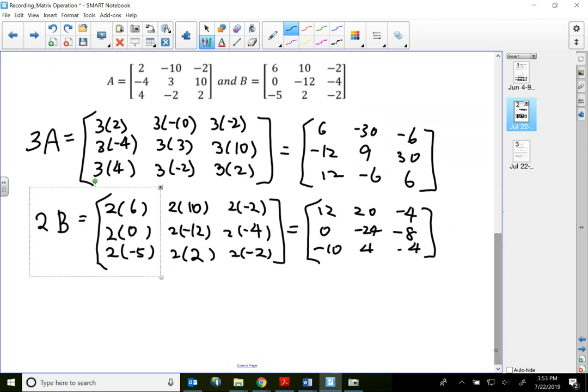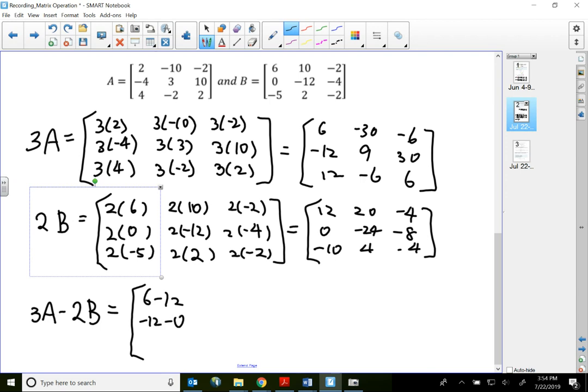So now I'm going to take my 3A minus my 2B. So 3A minus 2B. Okay, that'd be 6 minus 12. You can do it by the row, by the column. It doesn't really matter. Negative 12 minus 0.